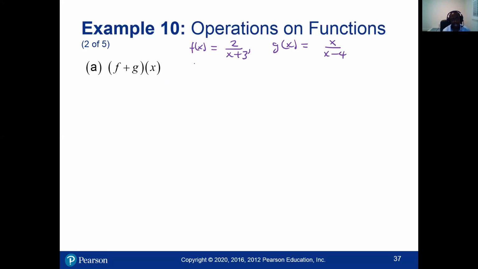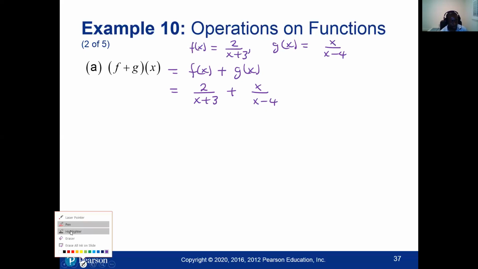This is f of x plus g of x. That gives me 2 over x plus 3, plus g of x, which is x over x minus 4. I'm going to get more space because I'm going to simplify this.